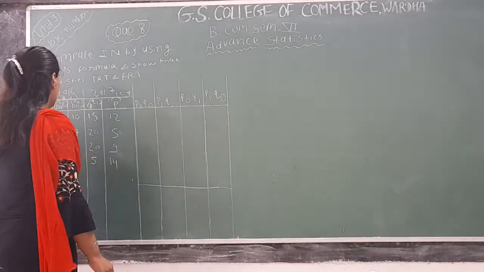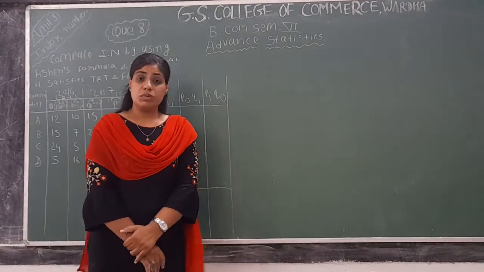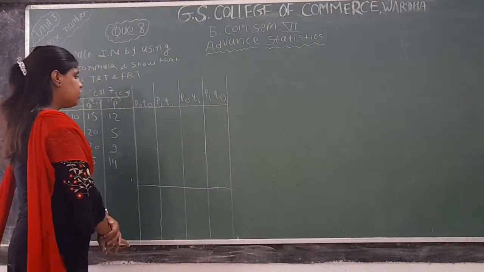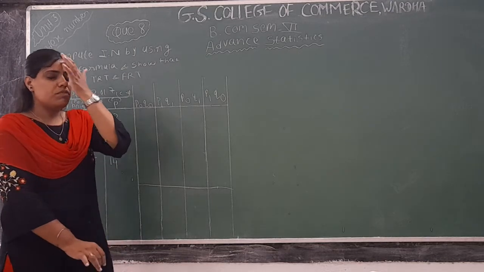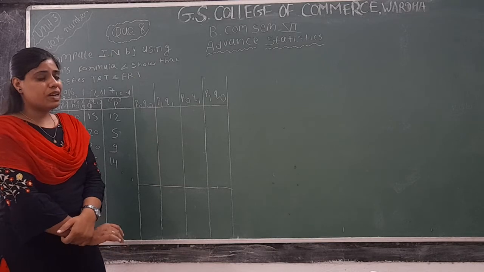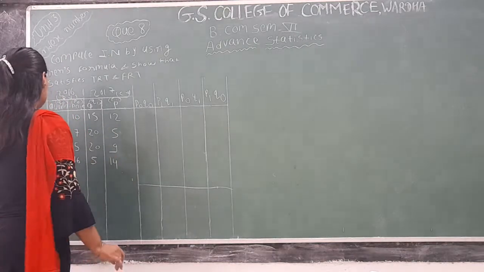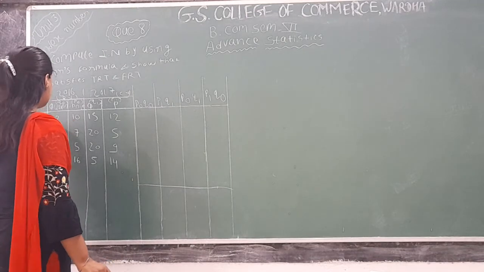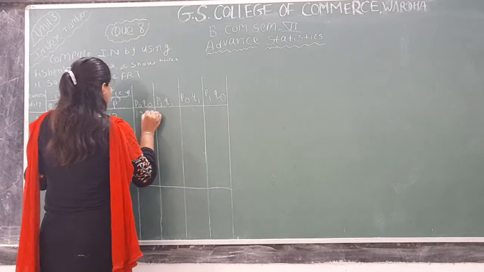Now, with the help of this information, we have to compute some components which need to be put into the formula. So let's begin with it. First of all, we have to compute P0Q0. What is the meaning of P0Q0? P0Q0 refers to the product of prices of base year and the quantities of base year. So for commodity A, P0 is 10 and Q0 is 12. So 10 into 12, it will be 120.